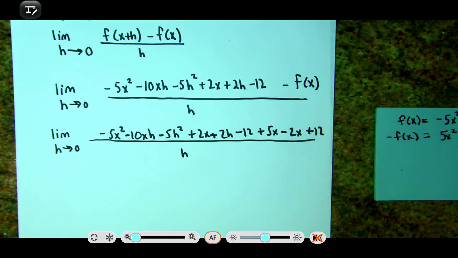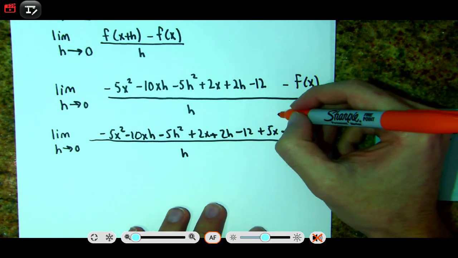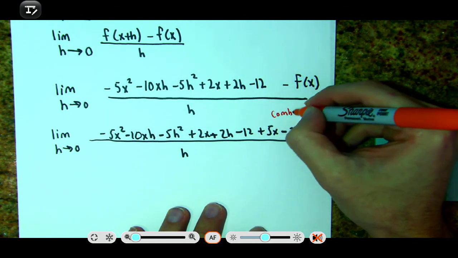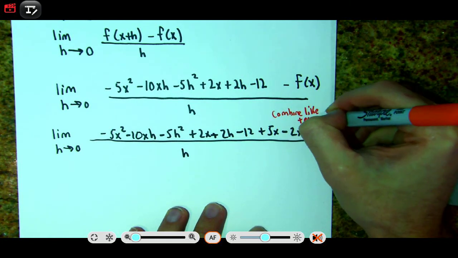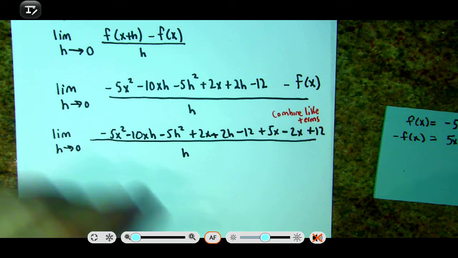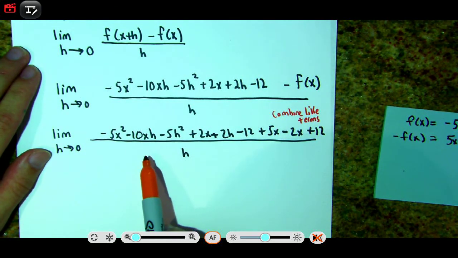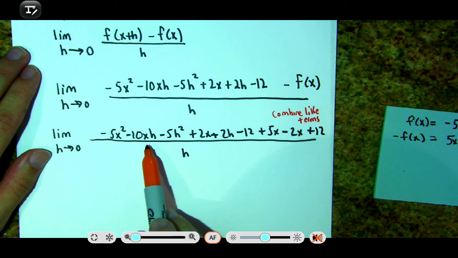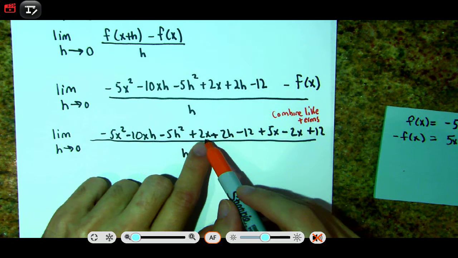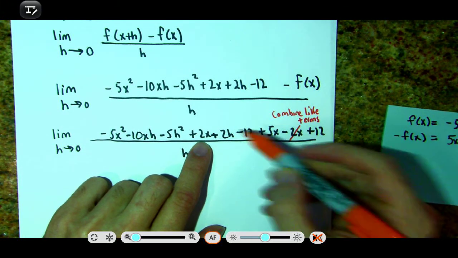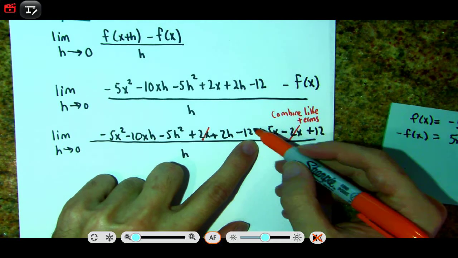Let's combine like terms. Notice that this 2x and negative 2x cancel. This negative 12 and positive 12 cancel.